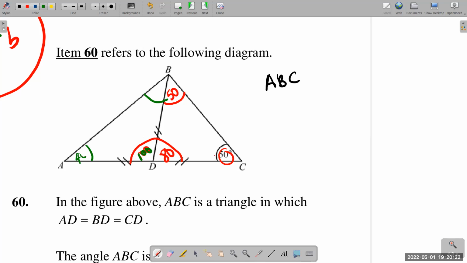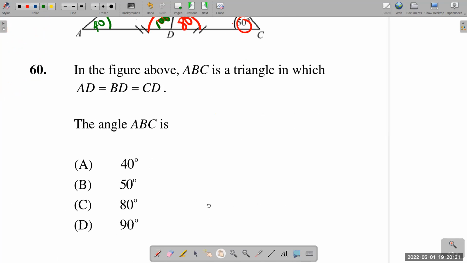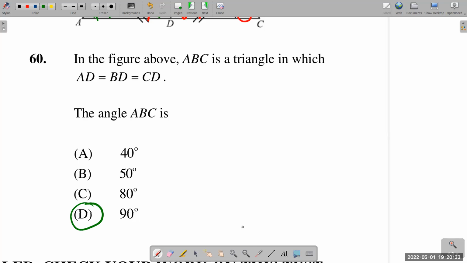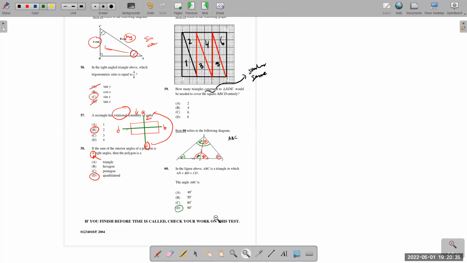So here would be 40 and here would be 40. So this entire angle here is how much? 90 degrees. Yep. But did you guess or were you sure?